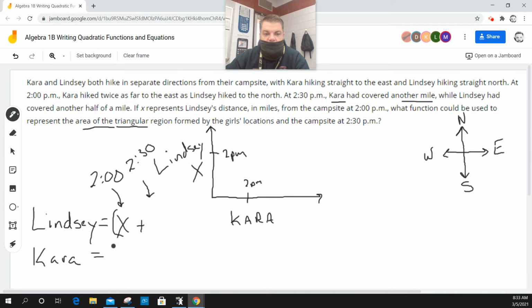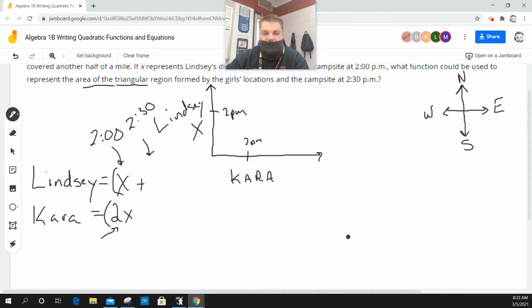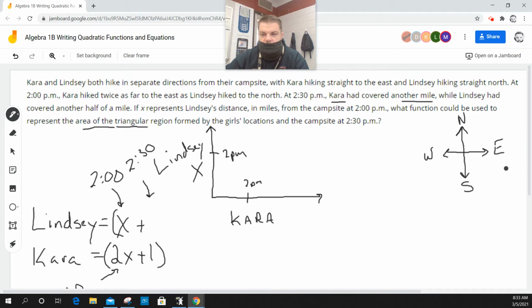So Kara went twice as long as Lindsay, 2x. This is her 2 p.m. stuff. And I'm unpacking it, but I'll explain it in a second. And then Kara went an additional mile. And then Lindsay went another half mile.